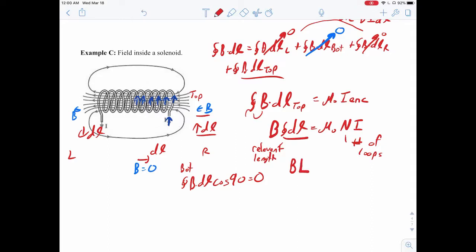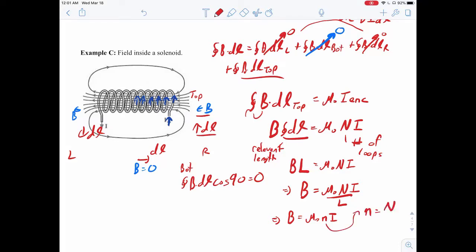So that's L, the length of the solenoid, and that's going to equal mu sub 0 N I. So then your field due to the solenoid is mu 0 N over L. Now, in the textbook, you might see it written as just simply mu 0 n. It has a lowercase n. This n here is called the loop density. That's just the number of loops per unit length. So that's the magnetic field due to a solenoid.